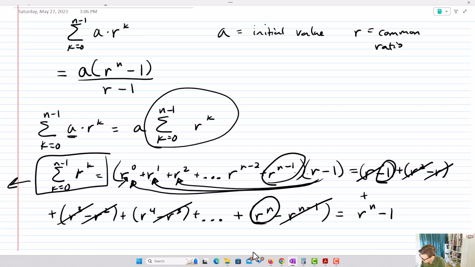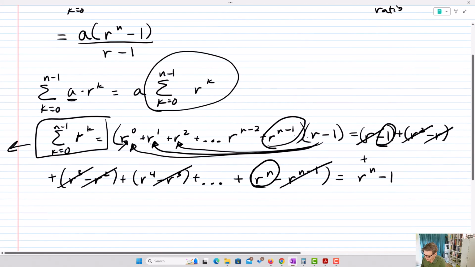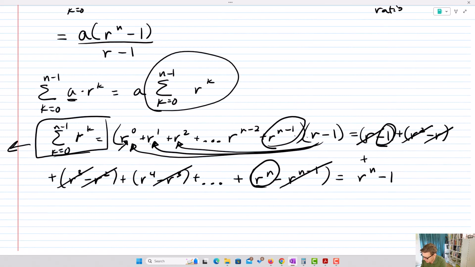So notice that we took this summation and multiplied by r minus 1. So r to the n minus 1, if I divide it by r minus 1, is going to equal the sum k equals 0 up to n minus 1 of r to the k.